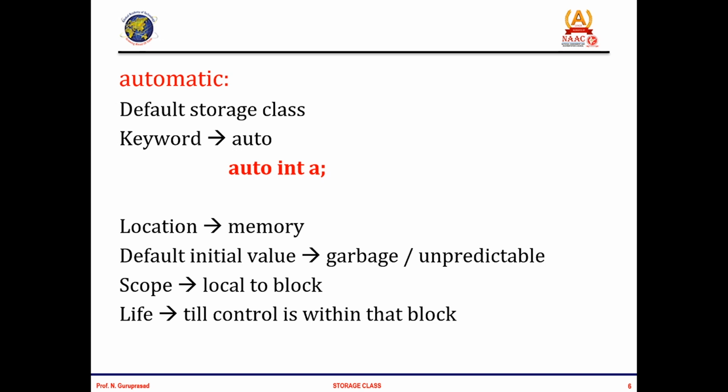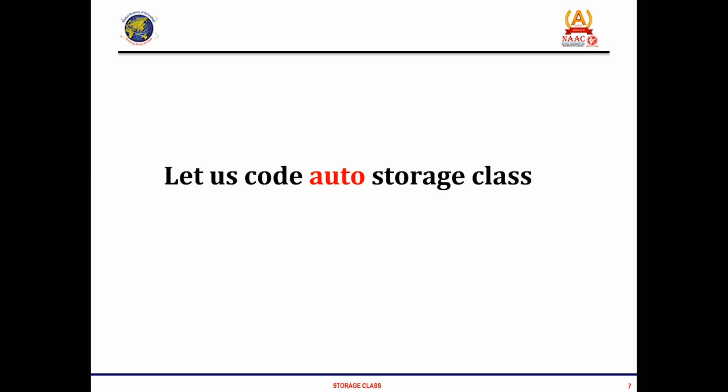Right? Now, every local variable is automatic in C by default. I repeat, every local variable is automatic in C by default, and that is the prime reason we don't use this keyword auto very often. Now, let us code and try to understand how the automatic storage class works in C.